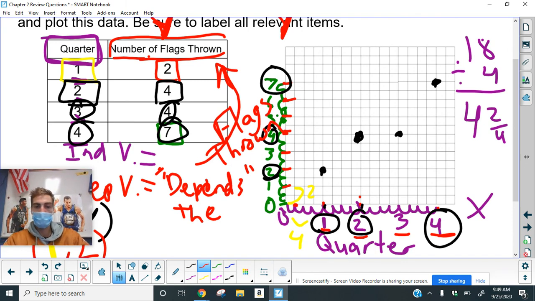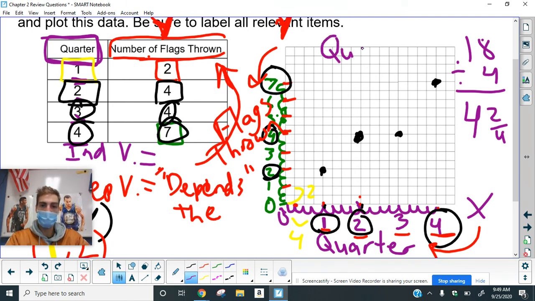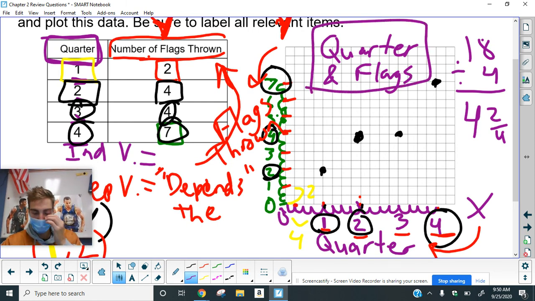Alright, so my Y is the flags thrown, and then my X is the quarter number. And then I could label even with a title, I could say like quarter and flags. Alright, it all looks good.